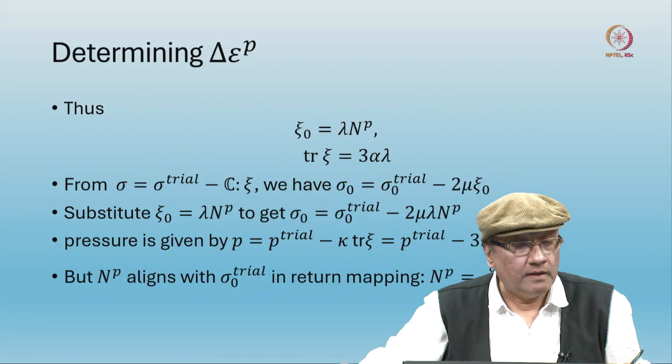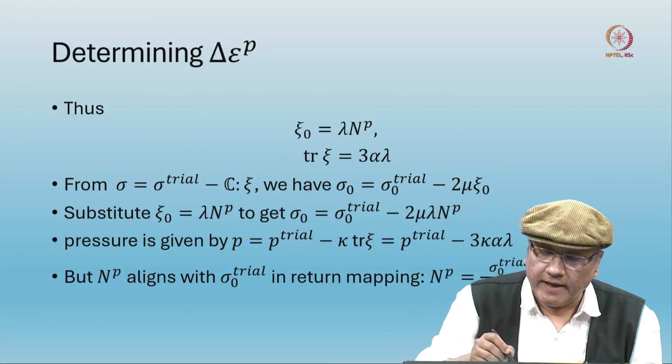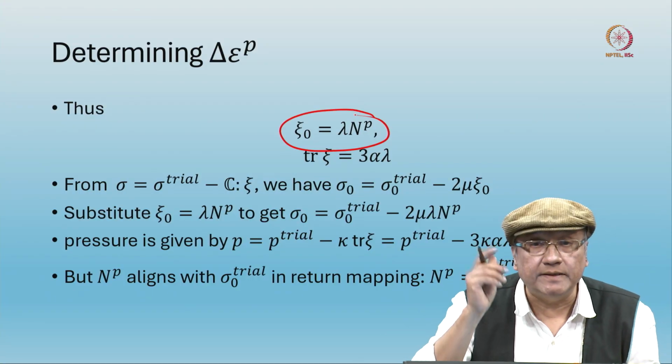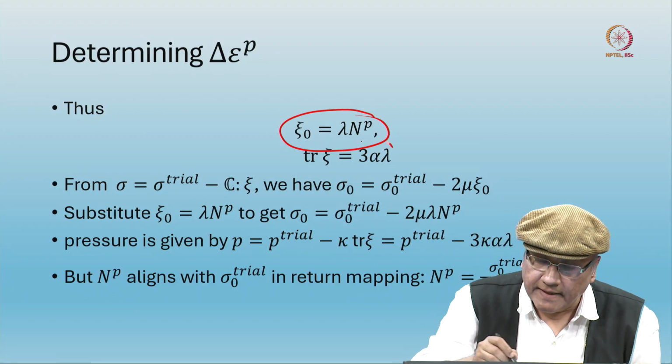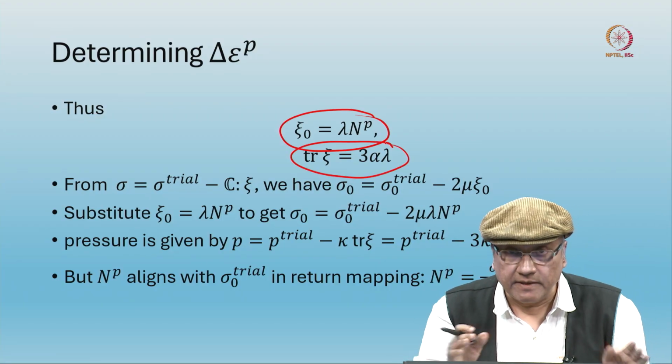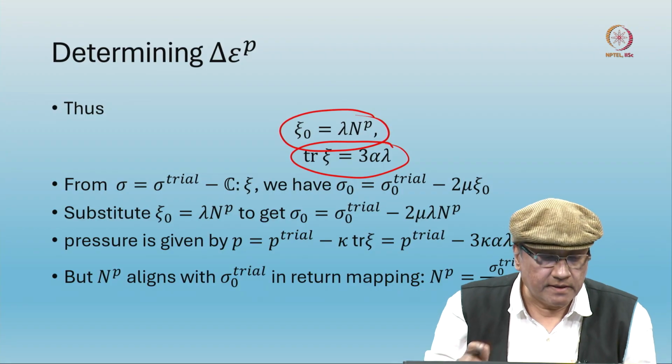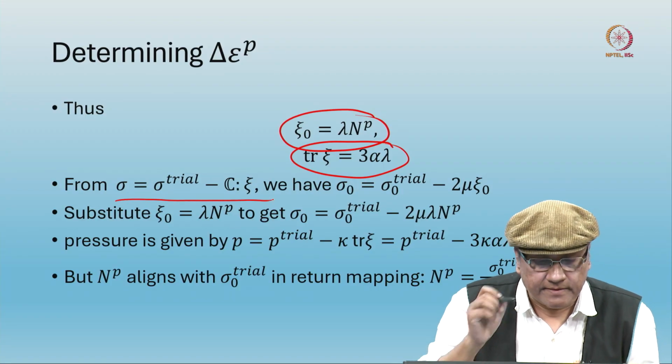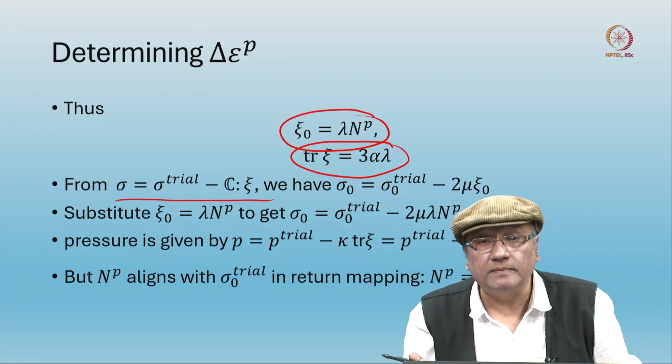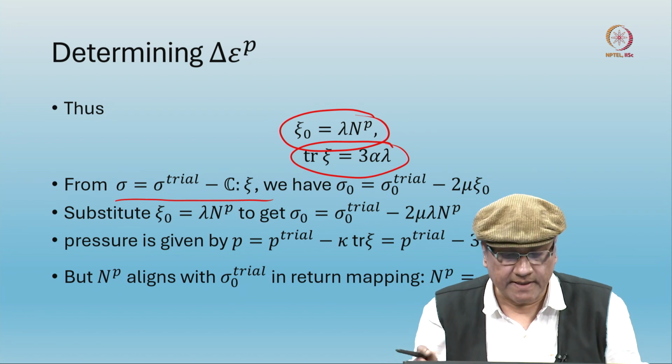Okay. So, we therefore have xi 0 equal to lambda Np, and trace of xi is 3 alpha lambda from that split. Now, use the fact that sigma is sigma trial minus C inner product xi.